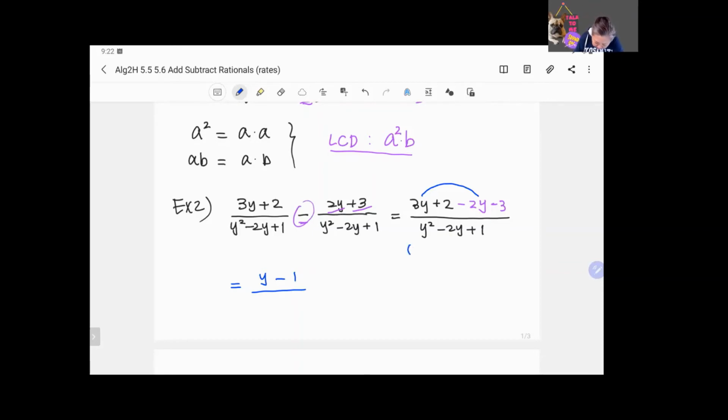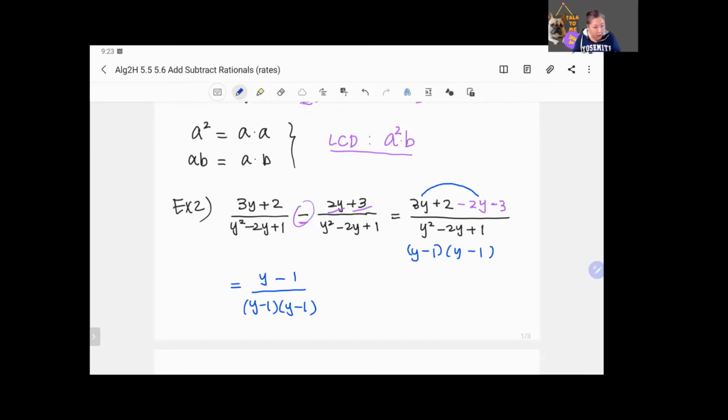This is factored as what? y and y. And the two numbers that multiply to be 1 and add to be negative 2 are only negative 1 and negative 1, right? So we can have y minus 1 in parentheses and y minus 1 in parentheses.